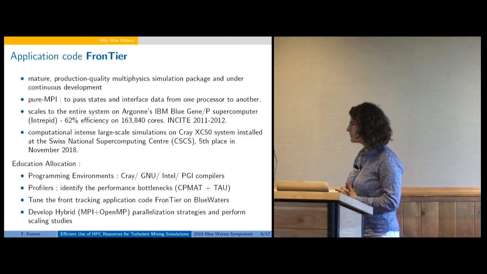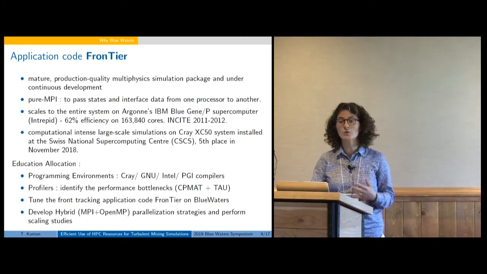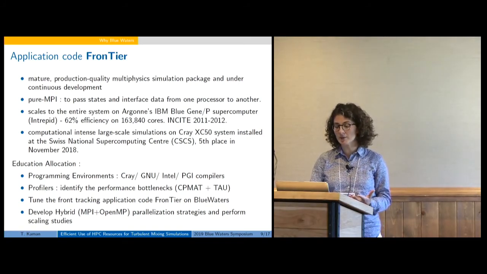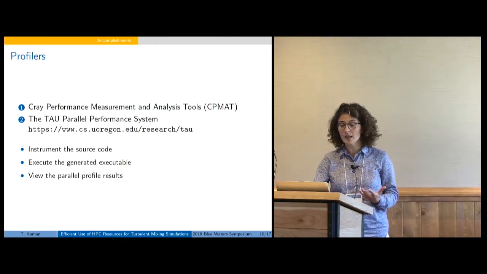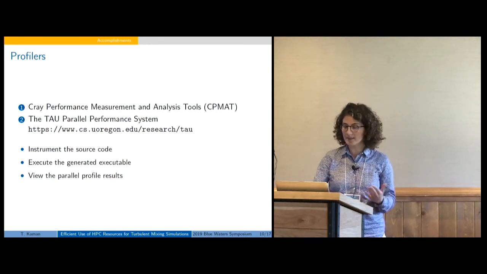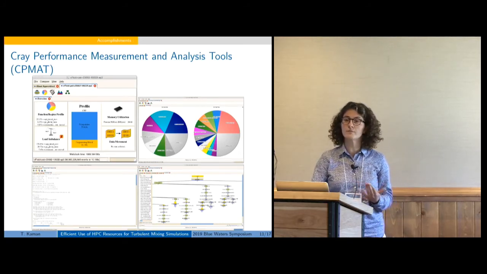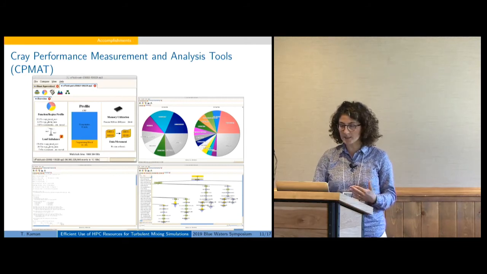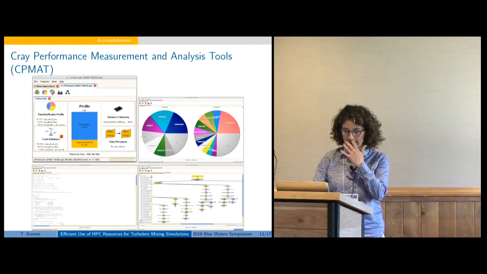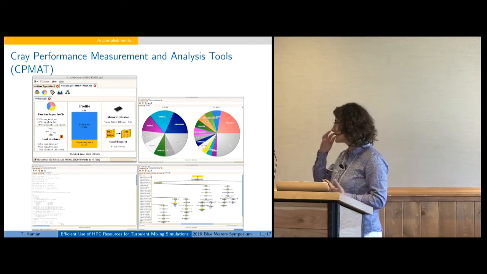They used different programming environments, used profilers, and tuned the code, and we developed a hybrid code with MPI plus OpenMP parallelization. We used CPMAT and TAU. When we did that, we observed that 77% of the time is going to computation.